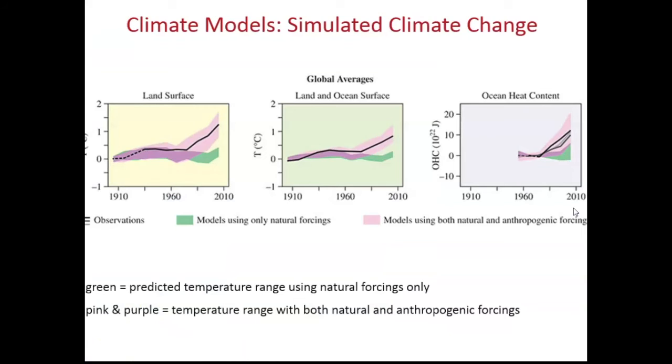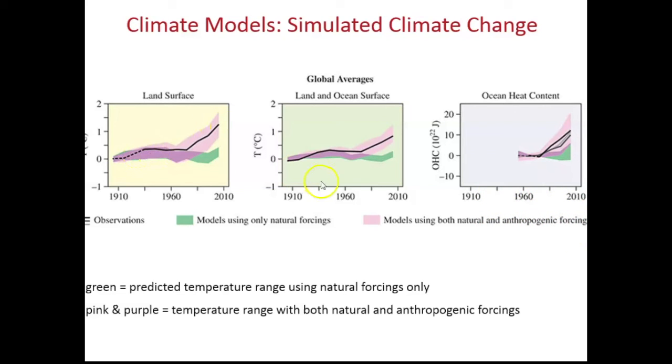Climate models are used to explain the temperature increases experienced in the last 30 years and then predict future temperature increases. Natural factors have influences, and those are called natural forcings. And then there are also anthropogenic forcings. Those are the human caused, and those generally have a greater effect.